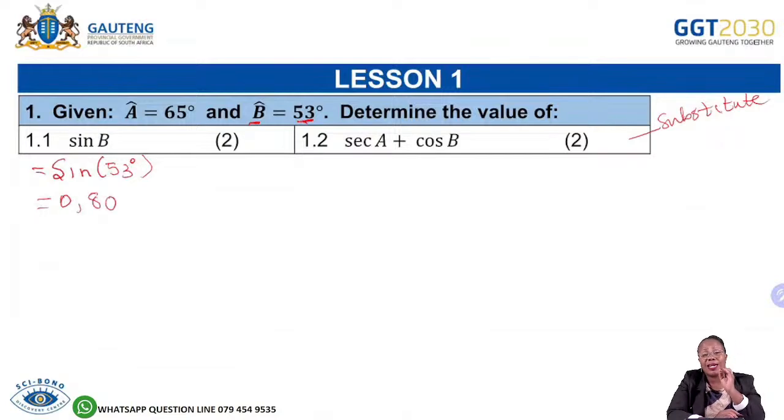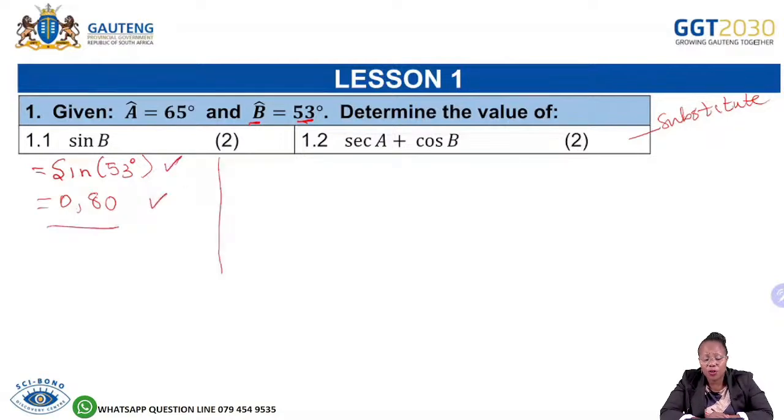If not indicated, remember on your instruction sheet it will be indicated. Round off all your answers to 2 decimal places unless stated otherwise. Hence we are having 0.80 here. So the first mark will be for substituting, the second mark for the answer there.